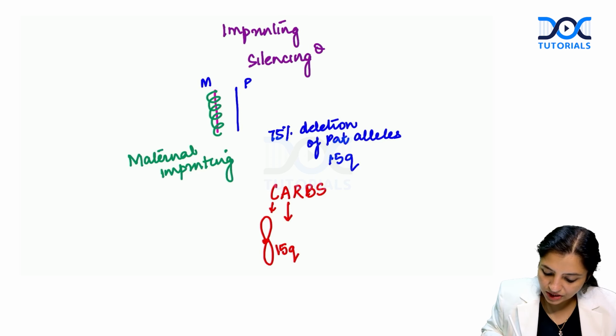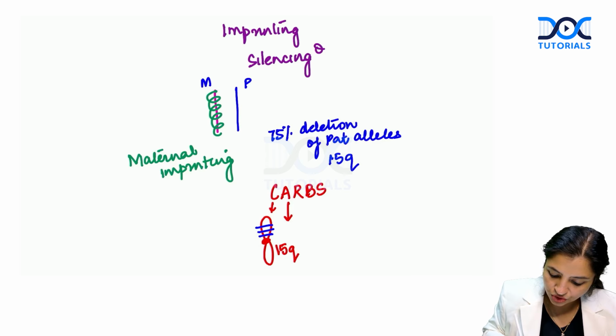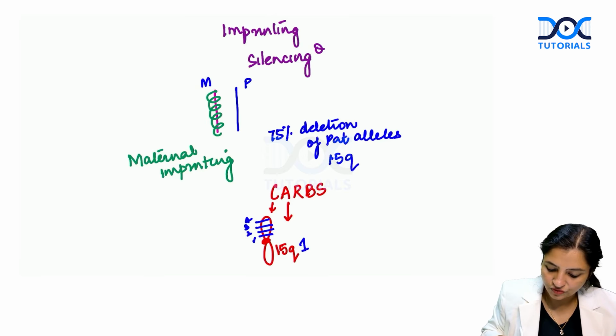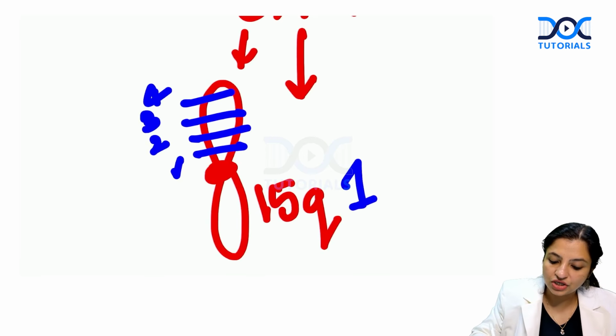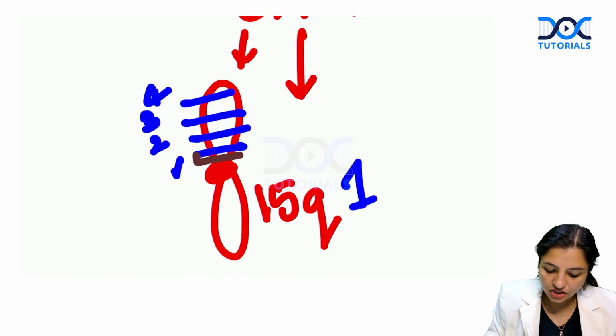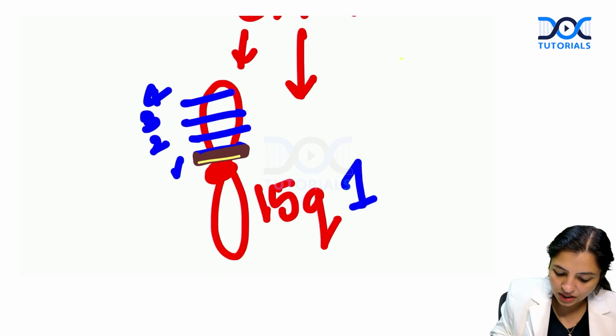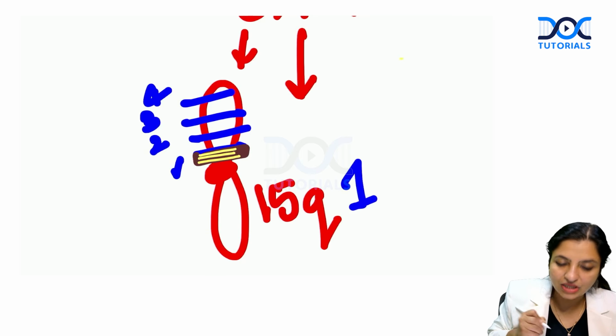From the centromere we'll define the region, so we'll go up, we'll say 1 2 3 4, 1 2 3 4. So let's say region 1. In region 1 there are light and dark bands, so let's divide them further, 1 2 3.